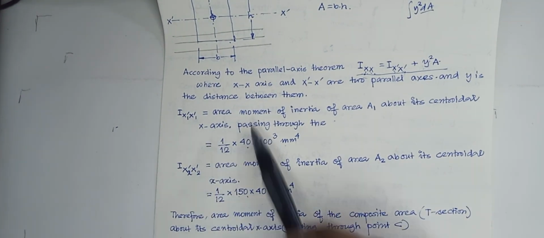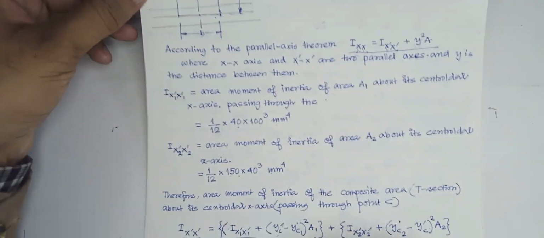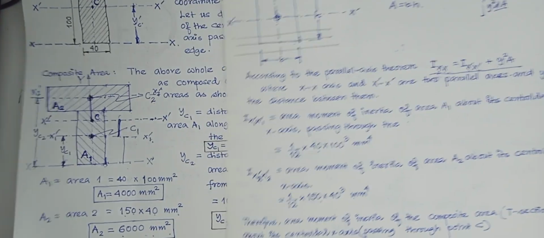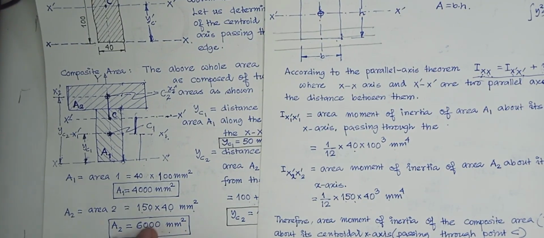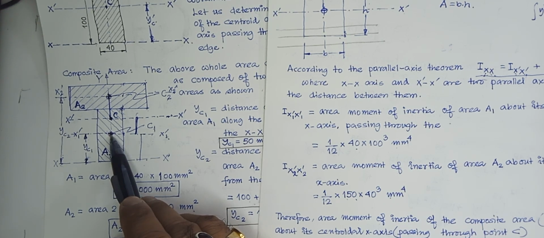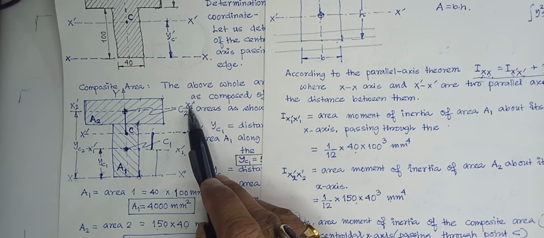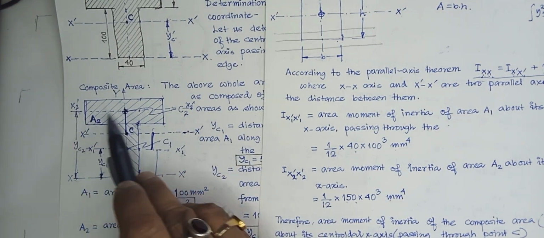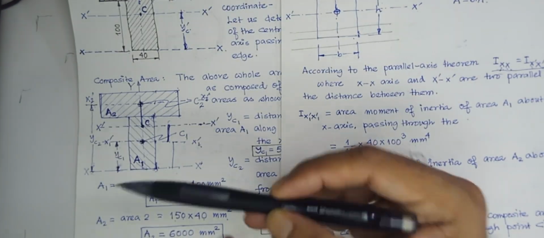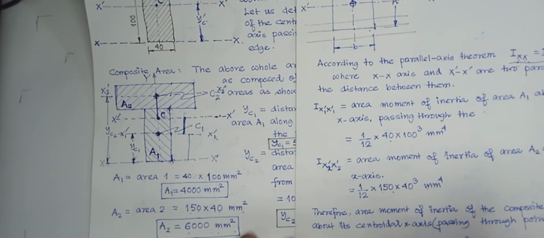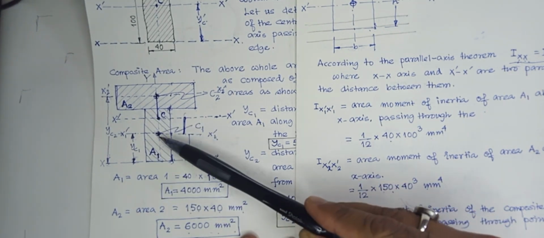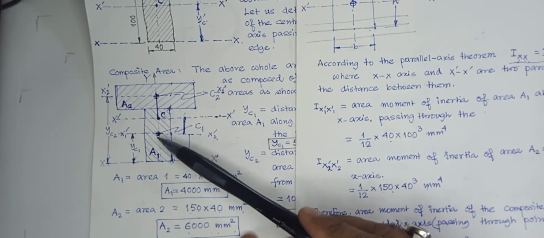Next, I have given two such names to the axes. One is x1 prime x1 prime passing through C1, and another is x2 prime passing through C2. Now I will use the parallel axis theorem to transfer the moment of inertia from this point to this point, because this point is known.